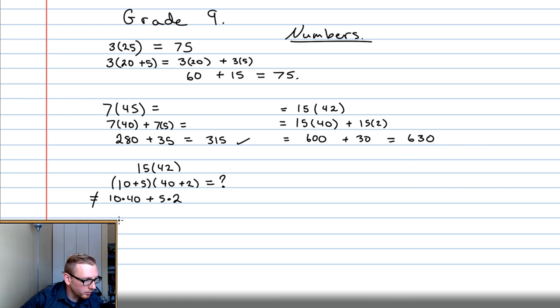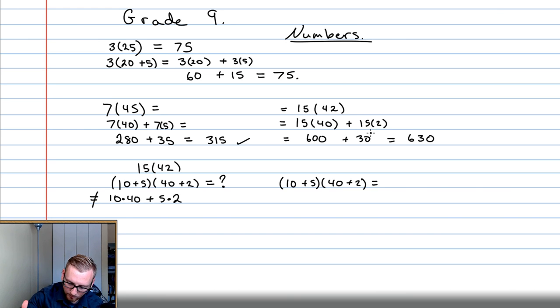So when we do it this way, we actually have to FOIL it out a bit. So 10 plus 5, 40 plus 2. I know it seems complicated. This is more complicated to do in your head, but that's why I would stick with the 15 and just split it into 40 and 2.